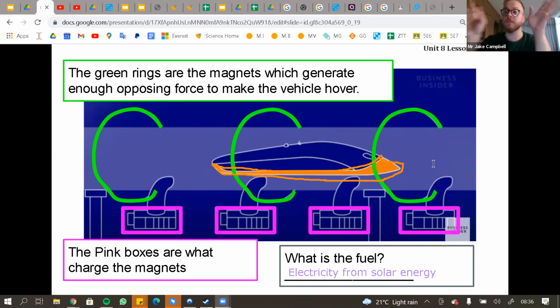So it creates lots of jobs for a community if they have a station installed as well. But yeah, the main benefits are fast travel, eco-friendly, and hopefully affordable. Hopefully it doesn't cost a lot to buy a ticket on one of these. It might be expensive. Yeah, it might be, but I think the whole point is to make it inexpensive. So fingers crossed, right?